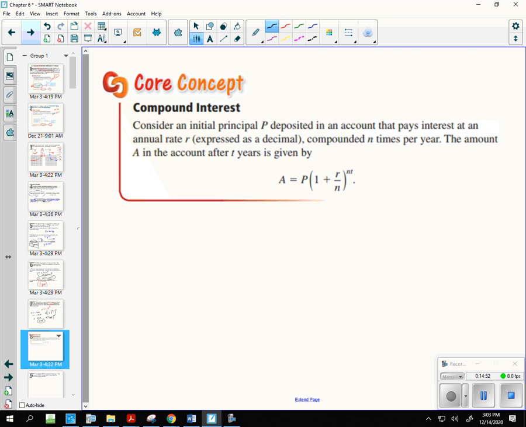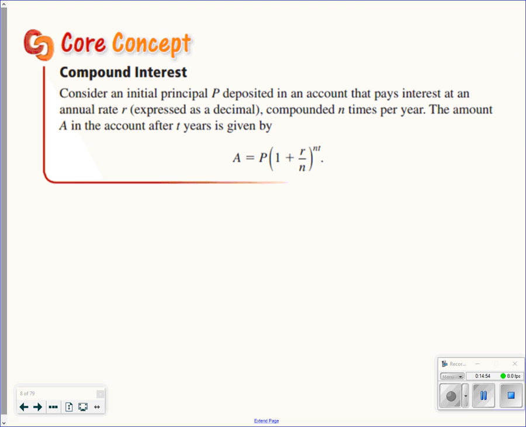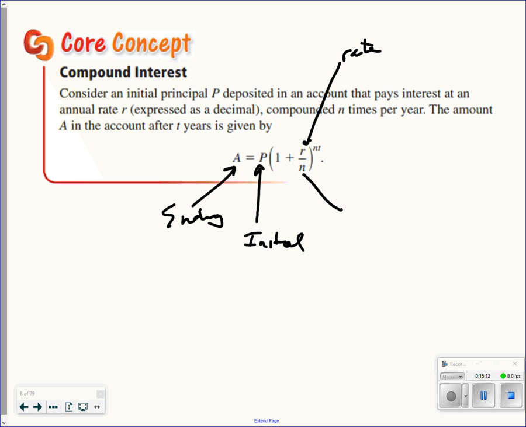Next formula, I'm just giving you another formula. This is referred to as compounded interest. The p-value is, again, the initial amount. It's called the principal amount. A would be the ending, just like before. R is still the rate. N is the number of times per year the interest is compounded.